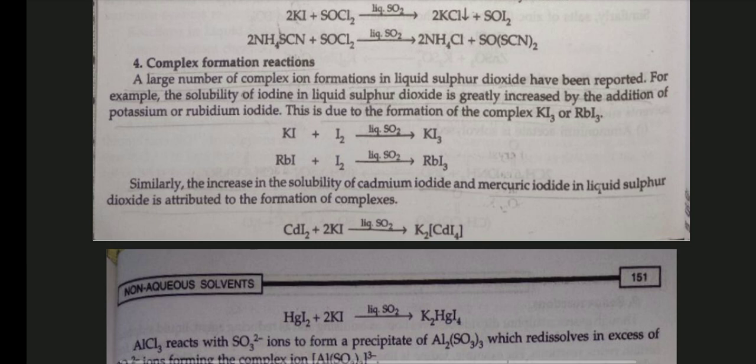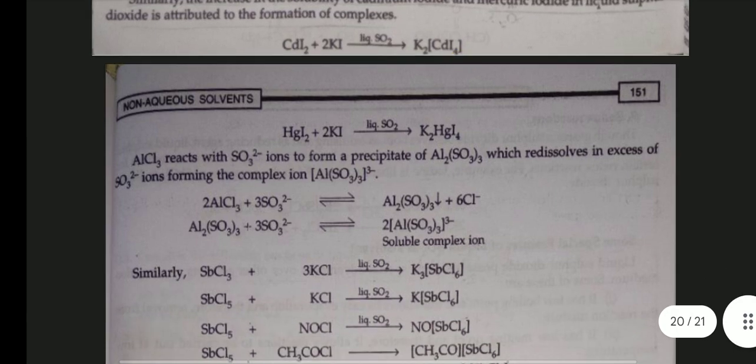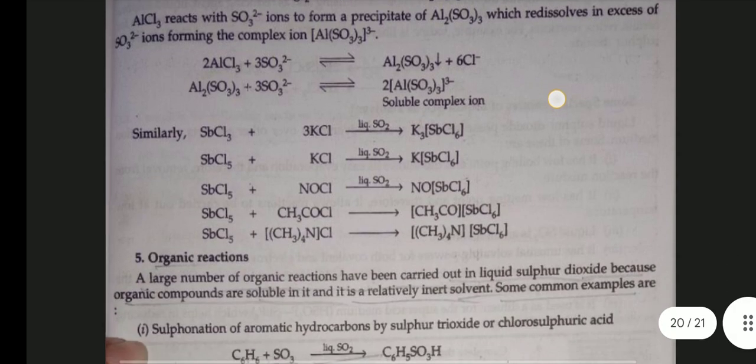Similarly, the increase in solubility of cadmium iodide and mercuric iodide in liquid sulfur dioxide is attributed to formation of complexes. AlCl3 reacts with SO3 2 negative ions to form a precipitate of Al2(SO3)3, which redissolves in excess of SO3 2 negative ions, forming the complex ion Al(SO3)3 3 negative.